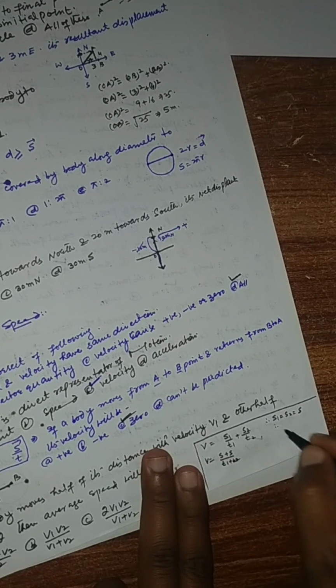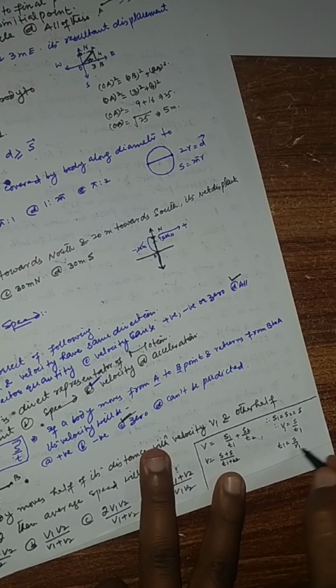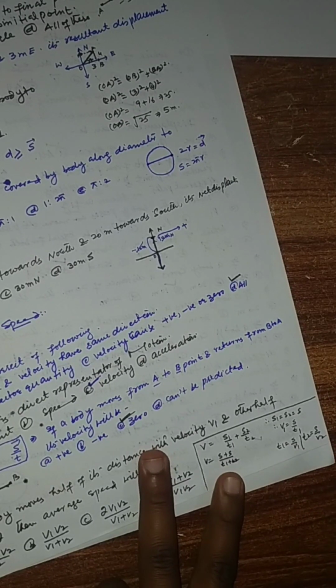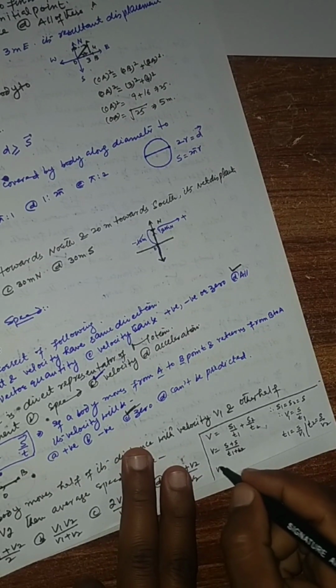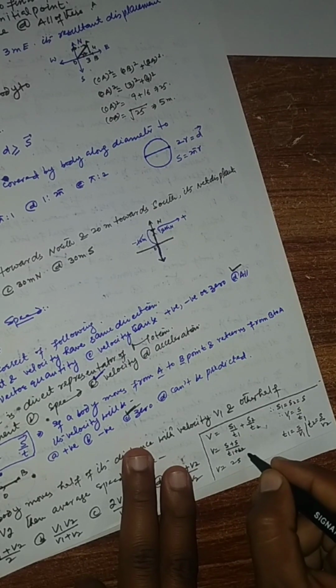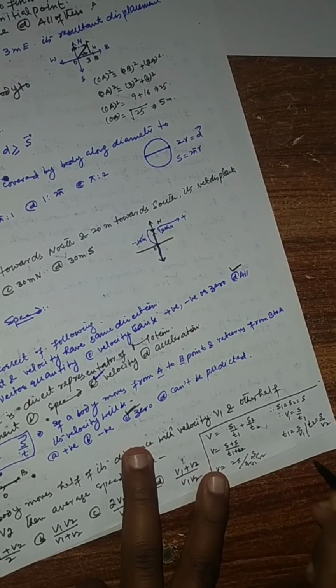As we know that v is equal to s over t, so t1 equals s over v1. Similarly t2 equals s over v2. We put these in place of t1 and t2, so this is 2s over s over v1 plus s over v2.